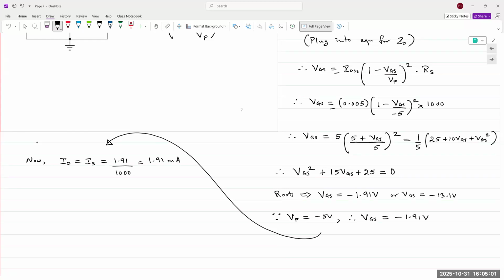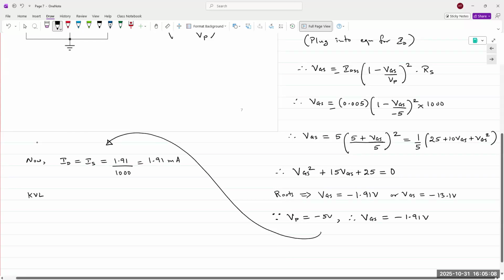So we found ID, meaning the drain current. The other coordinate of the Q point is VDS. To find VDS, apply KVL at the output.